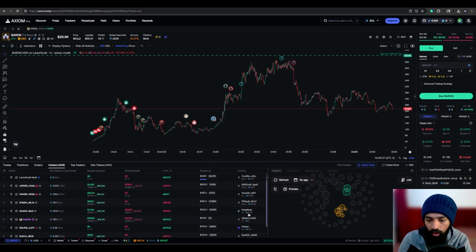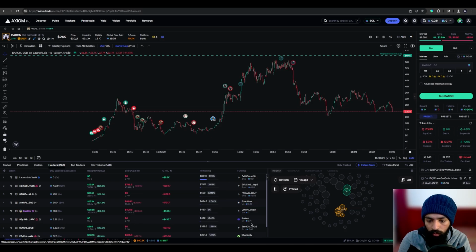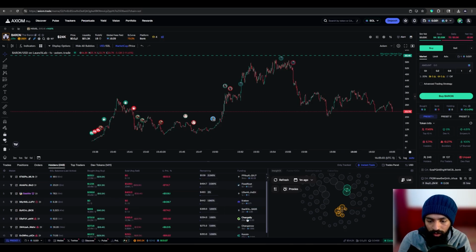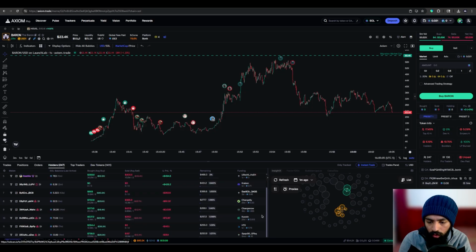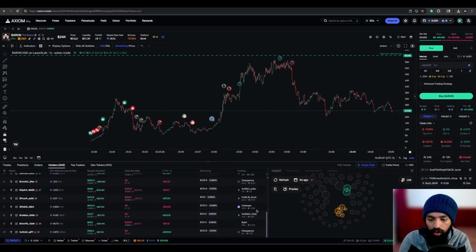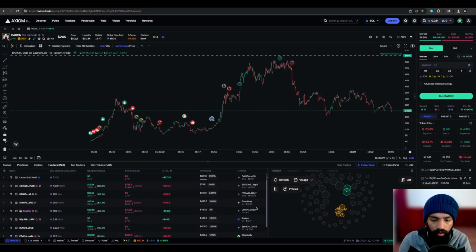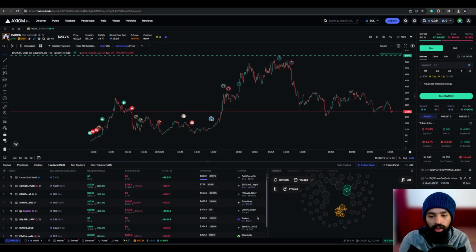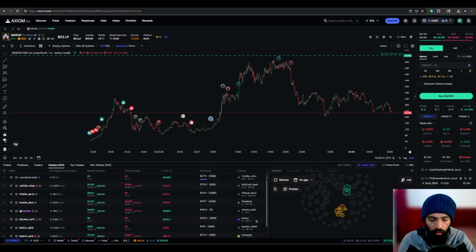And you want to check the wallet age. For this one, we can see this is funded by one wallet 25 days ago, 2 days ago. So they're all very different, which is usually a good sign, because if you see wallets like 55 minutes ago, 56 minutes ago, 52 minutes ago, those are obvious scams, because you know that one wallet funded each wallet differently.